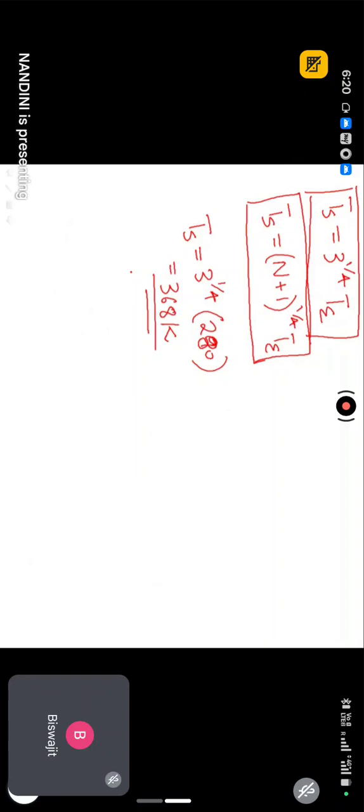So we have derived the equations for different cases.